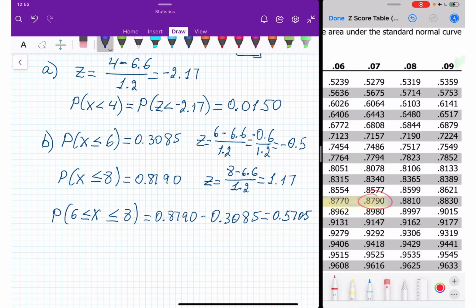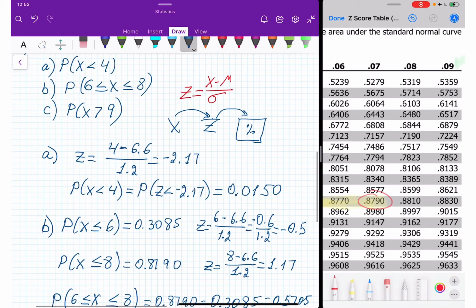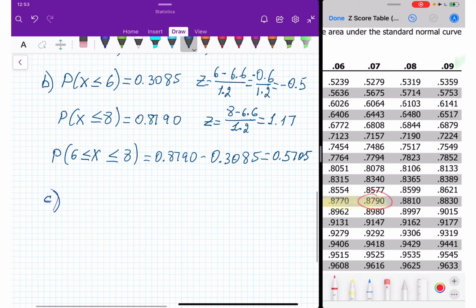Question number C. So what is question number C? X greater than 9, all right? Probability for X greater than 9. So remember, once we find the probability that is less than 9, we will subtract from 1, right?